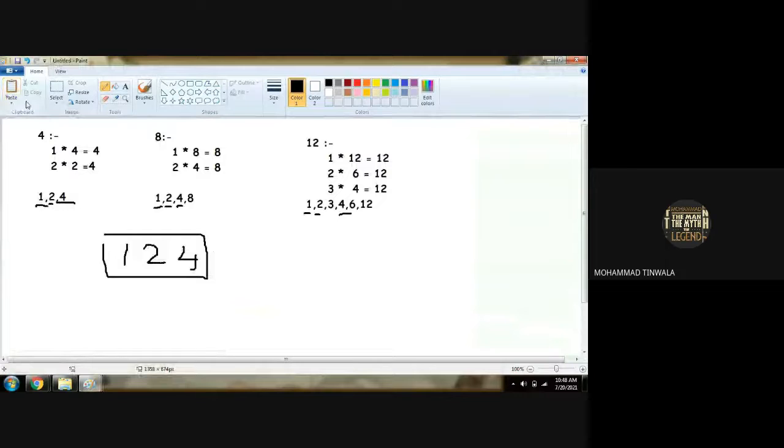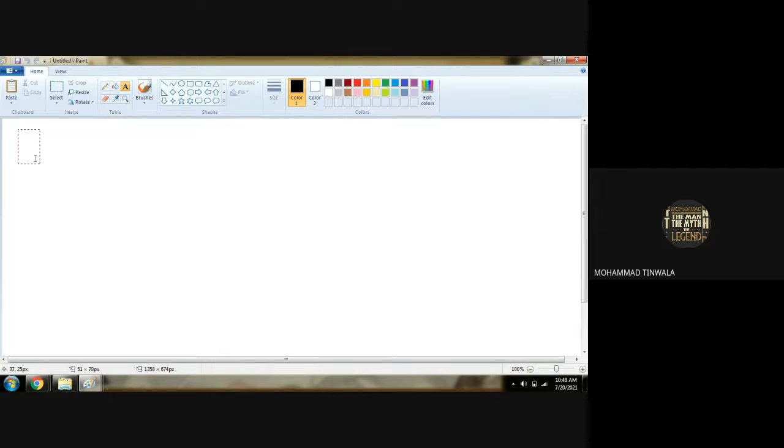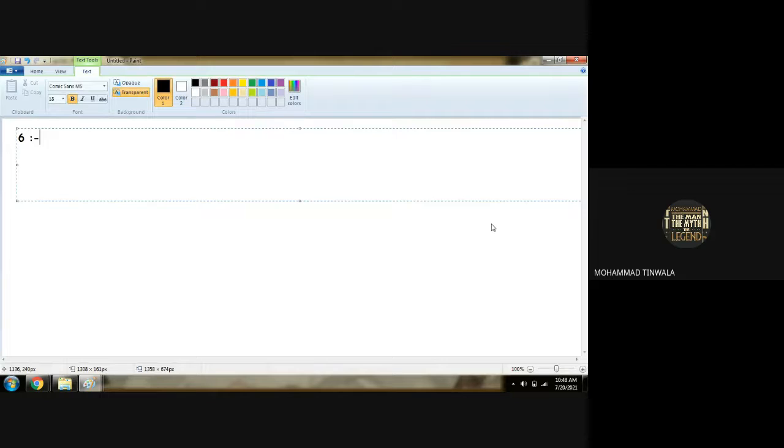Now we have to solve common multiples. 6 ones are 6, 6 twos are 12, 6 threes are 18, 6 fours are 24, 6 fives are 30, 6 sixes are 36, 6 sevens are 42, 6 eights are 48, 6 nines are 54, 6 tens are 60, and it goes on. We will write more if needed.